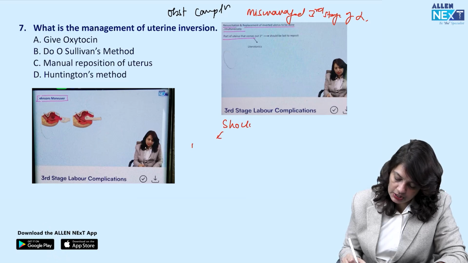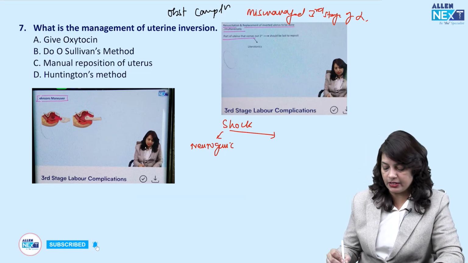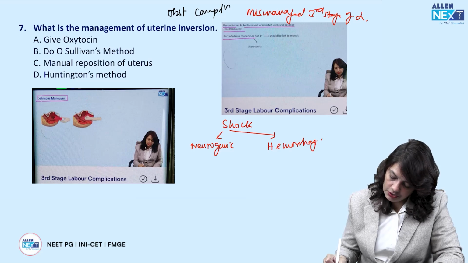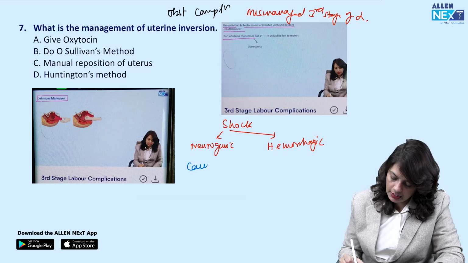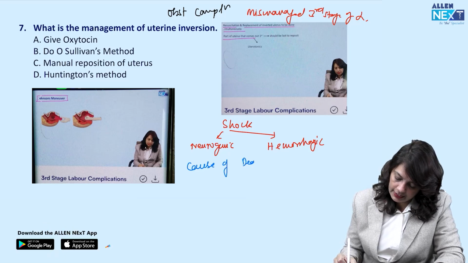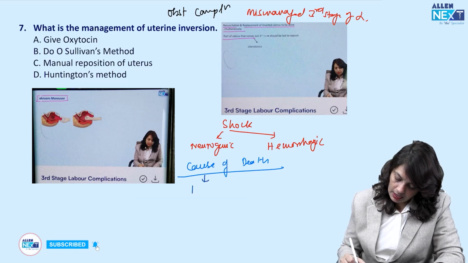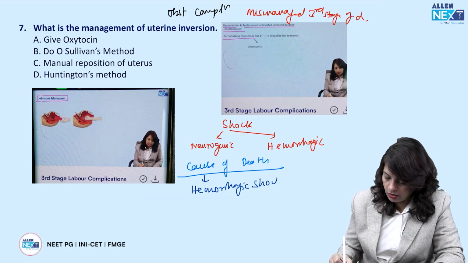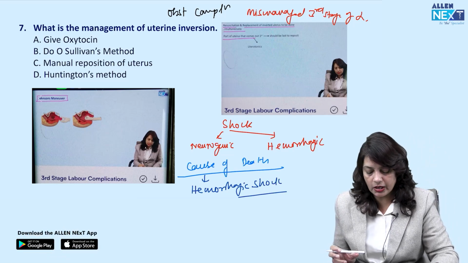Initially it is neurogenic shock, because when the uterus is out, the pedicles get stretched, and later on it becomes a hemorrhagic shock. The cause of death in these cases is hemorrhagic shock.